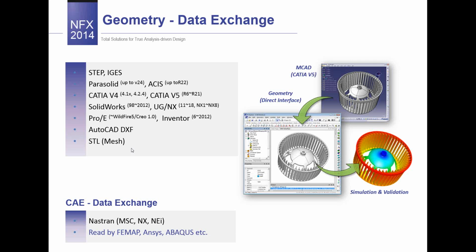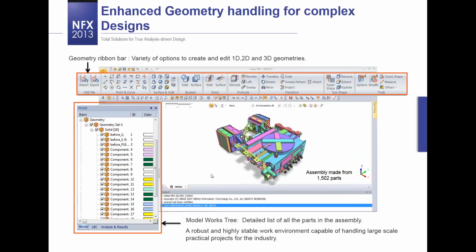Last time we added the Solid Edge extension, and all of these extension versions for the geometrical files have been updated to the latest versions. In terms of CAE, we can import and export our FEA model using the Nastran format, which is widely read by FEMAP, ANSYS, Abaqus, and the rest of the most popular pre and post processors.